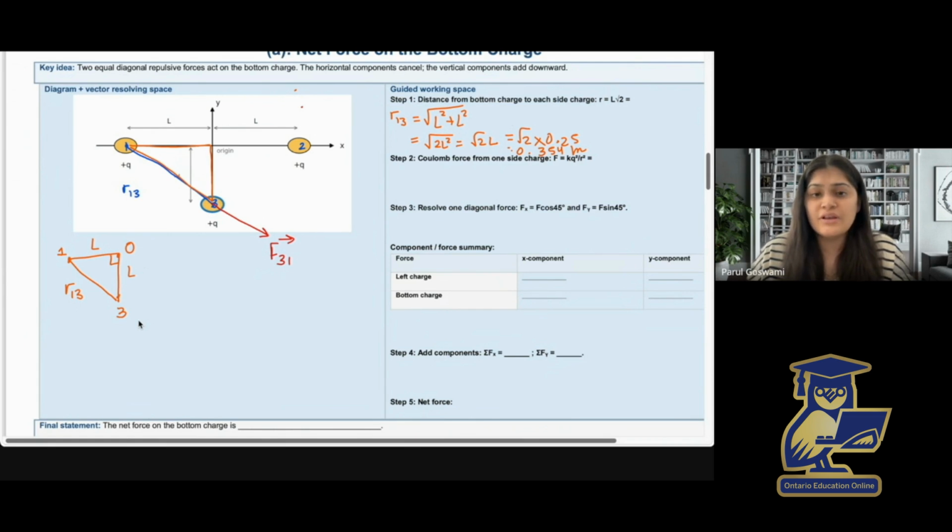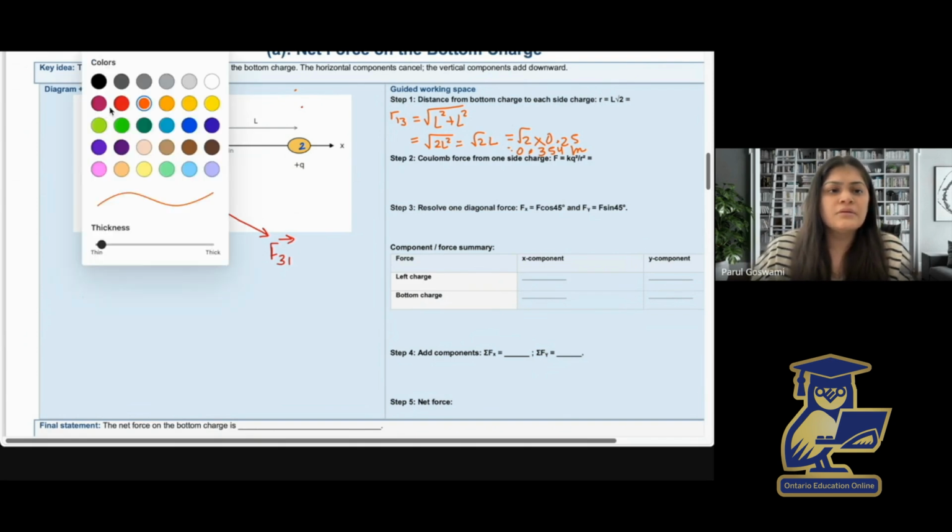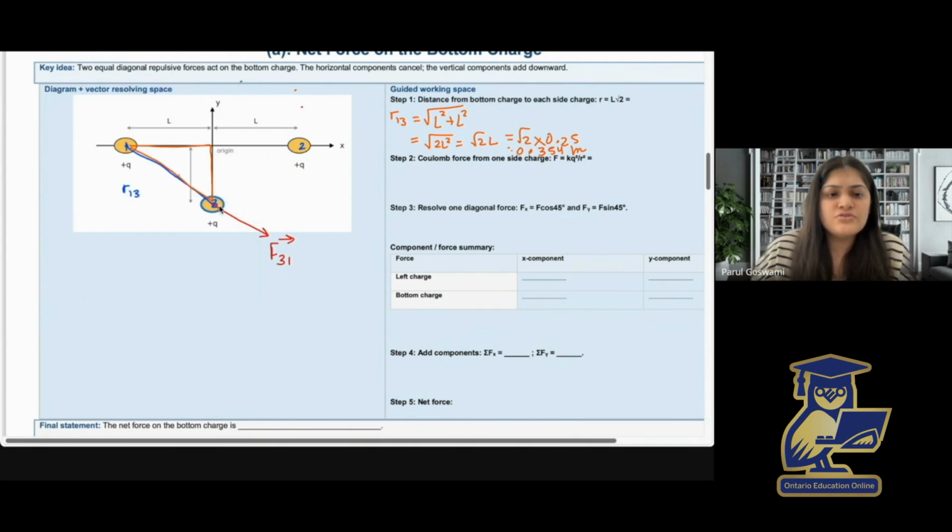So we got the value of R13 using the Pythagoras theorem. Now, this was the distance between charge 1 and charge 3. The distance between charge 3 and charge 2 will again be the same. Why? Let's join these two charges now.